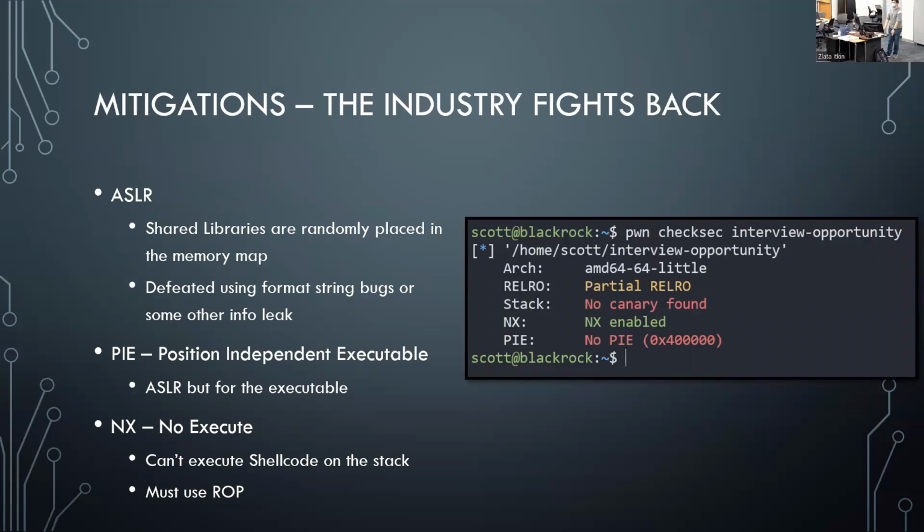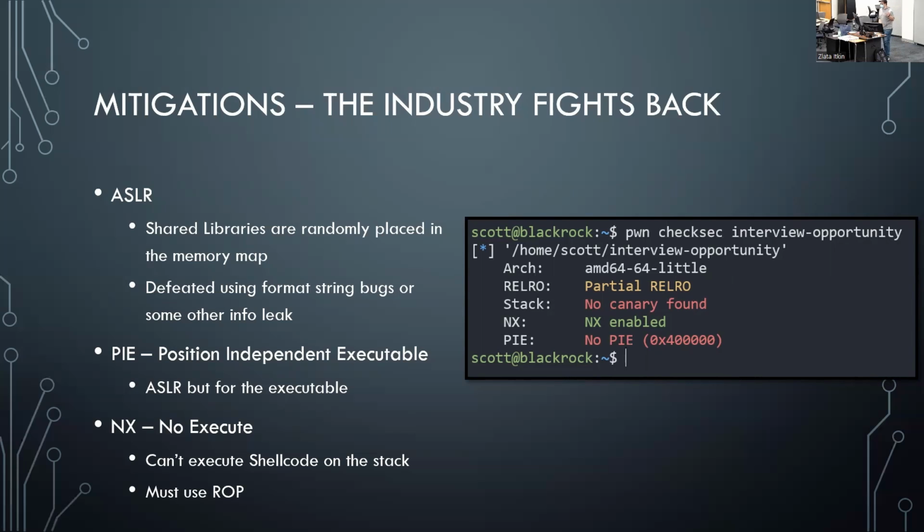Now, for mitigations, and this is primarily the reason why the 90s are over, because the industry wised up and is now fighting back. The first mitigation that you will always see is ASLR. Basically, if you have shared libraries that your program requests, like libc or anything else you're loading in, they will always be randomly placed in the memory map.